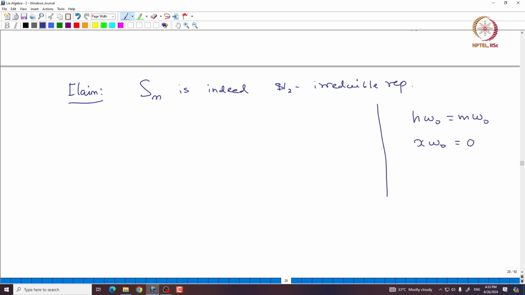If you apply powers of Y on w_0, you get back the entire thing.